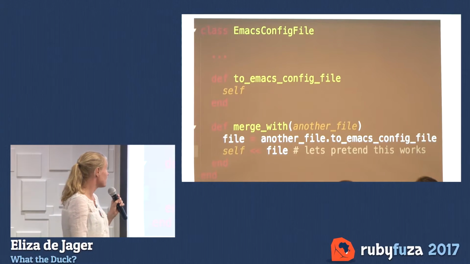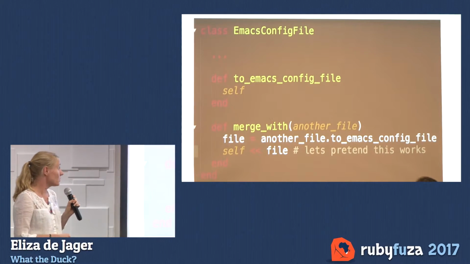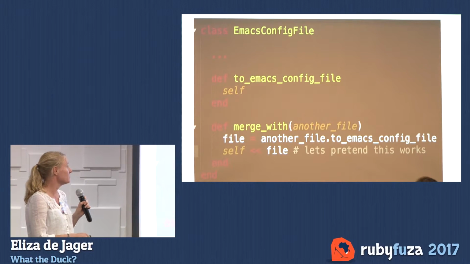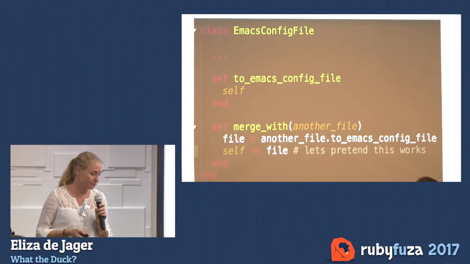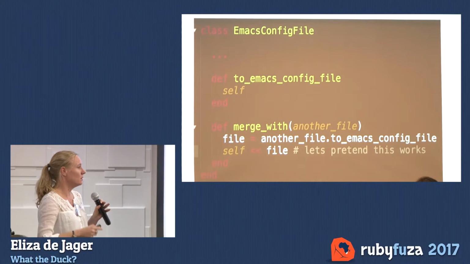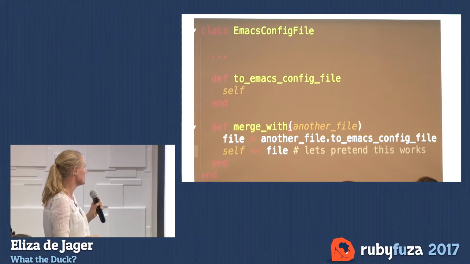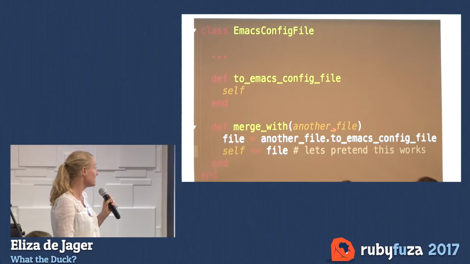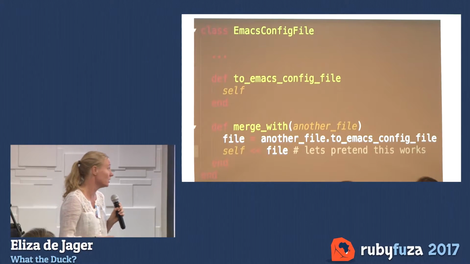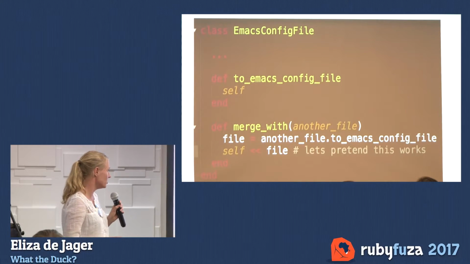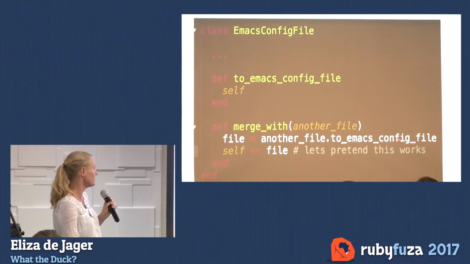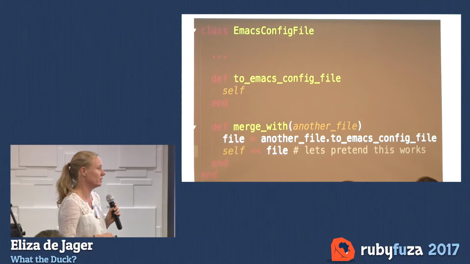But if you have another method, like I have here with merge with, and you take a parameter, and you remember to actually call this conversion protocol on the parameter that was passed in, it really maximizes the flexibility for the users of this code. Now they can pass absolutely anything into this method as long as they remember to define the to-Emacs config file method on their object. And so the code becomes a lot more flexible to the user, and you're also preventing type errors because you're doing a type conversion over here.